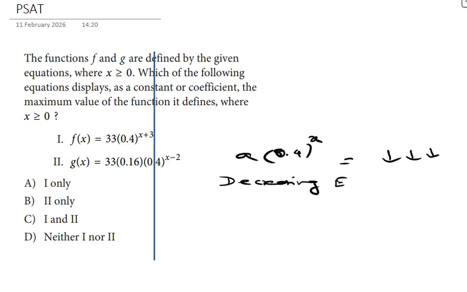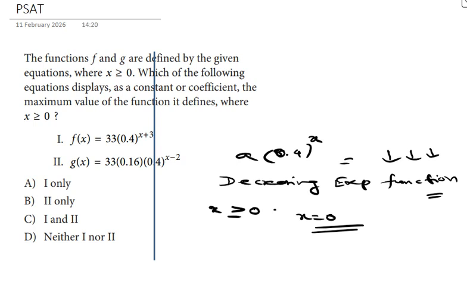That means the maximum value occurs at the smallest allowed value of x, and we are given that x is greater than or equal to 0. So the maximum must occur at x equal to 0, and that's the main idea of this question.